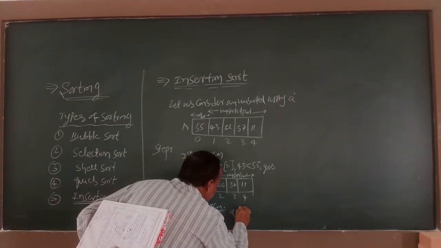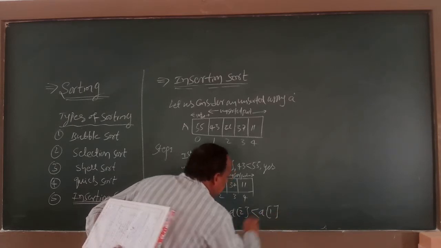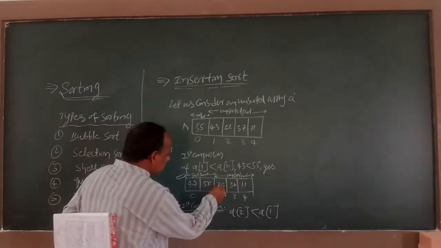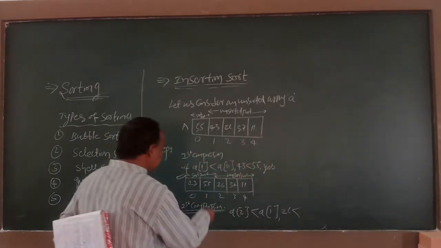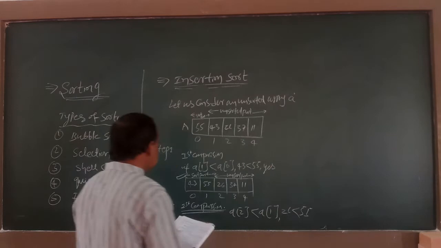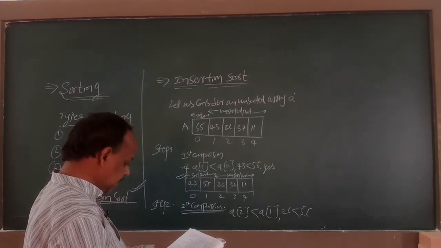Is A of 2 less than A of 1? What is there in A of 2? 26. Is 26 less than A of 1, which is 55? Yes, 26 is less than 55.